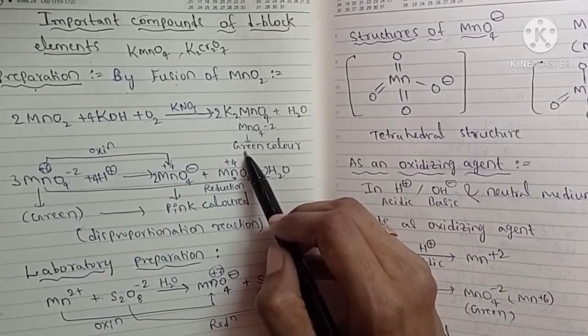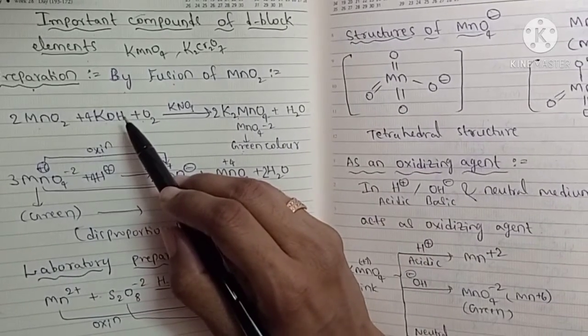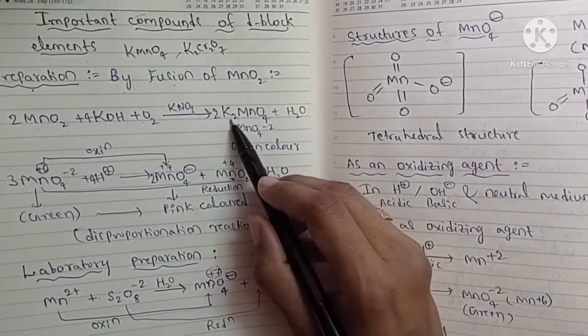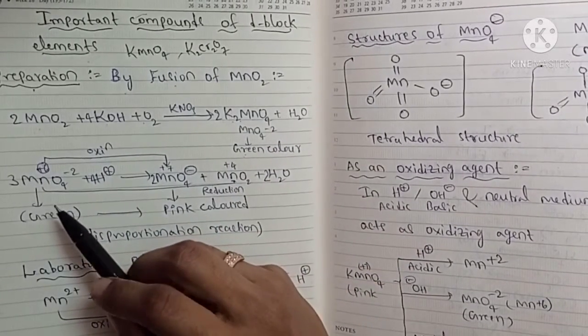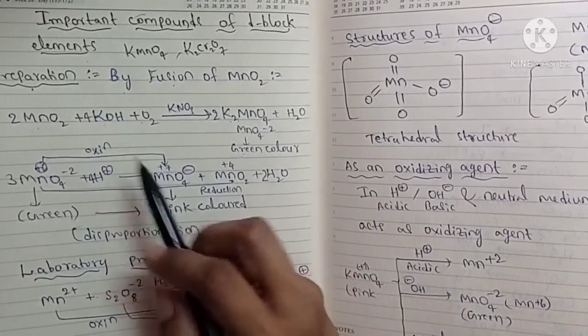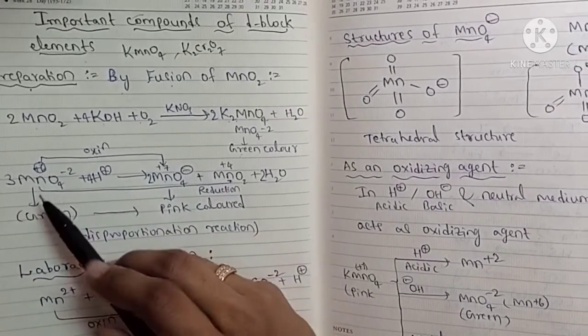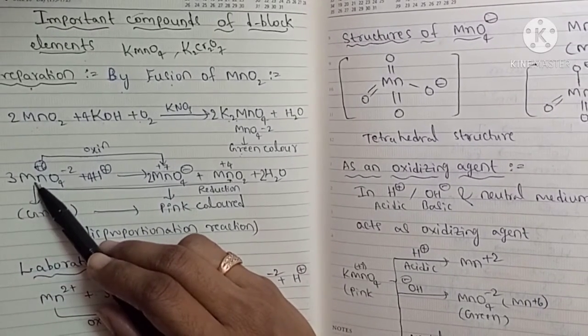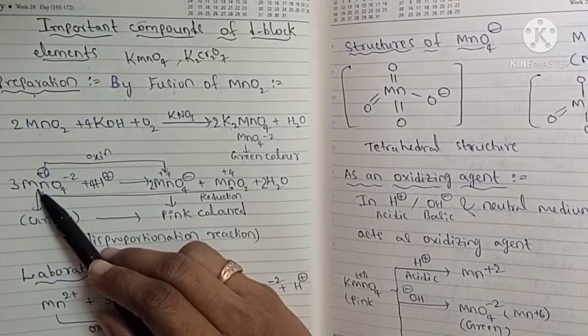It is a green color solution, and this preparation occurs in two steps. In the first step, K2MnO4 is formed, and then in the second step, this K2MnO4 converts into KMnO4. The second step is the important reaction, and it is an example of a disproportionation reaction.